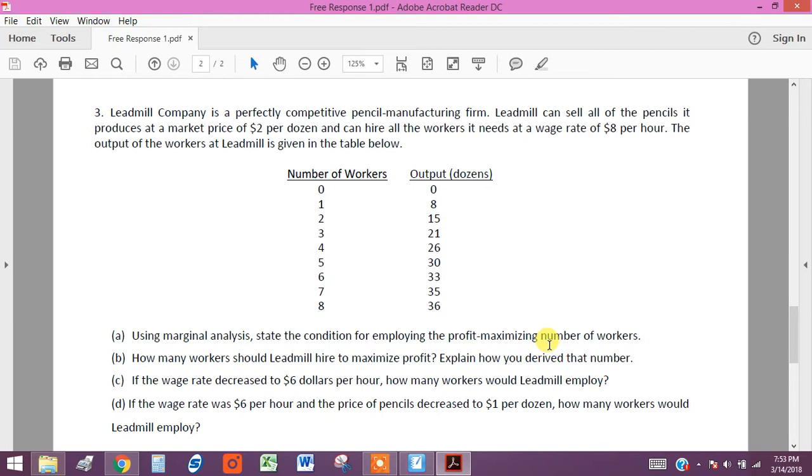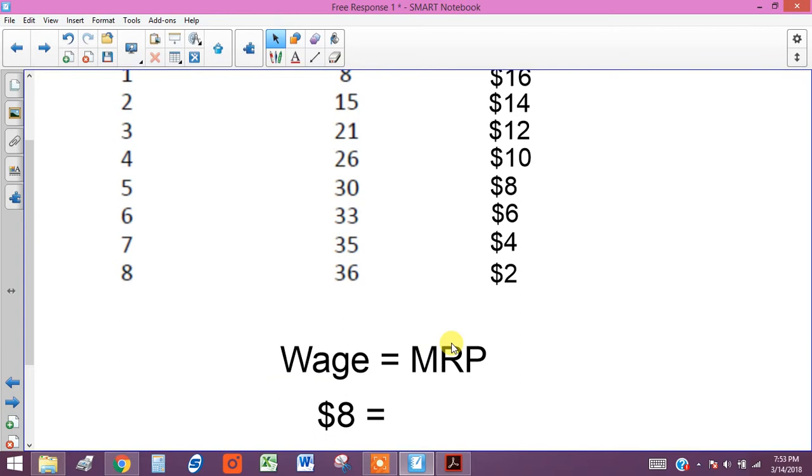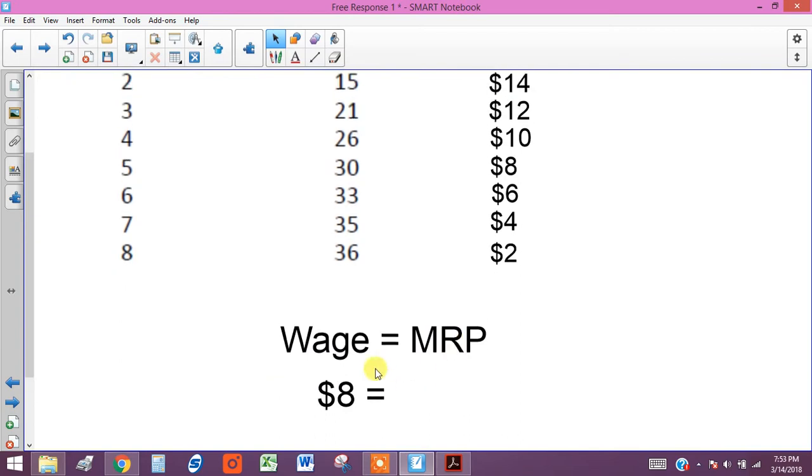So I'm going to jump over to my other screen here. We know that firms in a perfectly competitive market are going to maximize their profit when the wage, which in this case is $8 an hour, equals marginal revenue product.